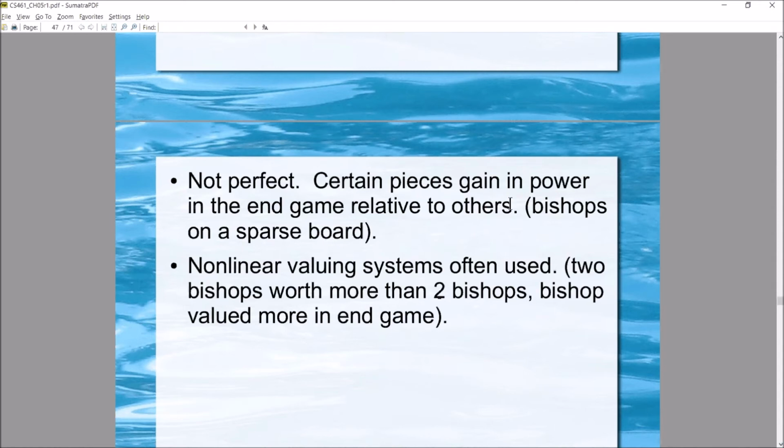So in that case, you can have non-linear systems. 2 bishops are worth more than 2 knights, and a bishop becomes more valued in the endgame. As you move forward in the game, the bishops have their values move up. Maybe after 20 turns or so, you increase that bishop's value from 5 points to 6, based off of the turn number.